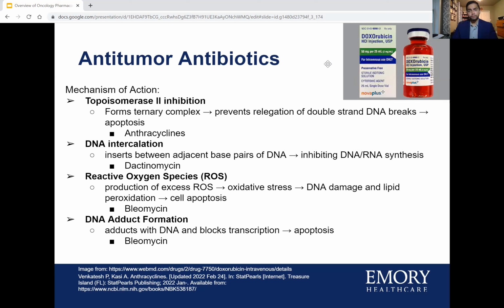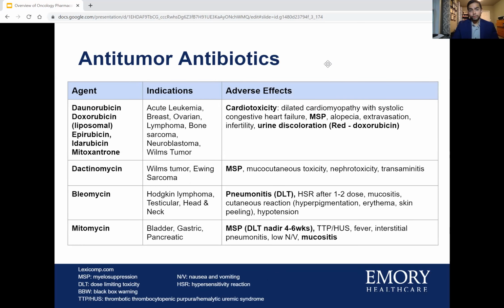And then we also get the production of excess reactive oxygen species. So when you have too many of these reactive oxygen species, your body isn't able to reduce them, and they oxidize DNA, which leads to DNA damage, lipid peroxidation, and then cell apoptosis. So bleomycin is notable for that. Okay. So we have our anti-tumor antibiotics here. And again, the left column is the drug in bold.